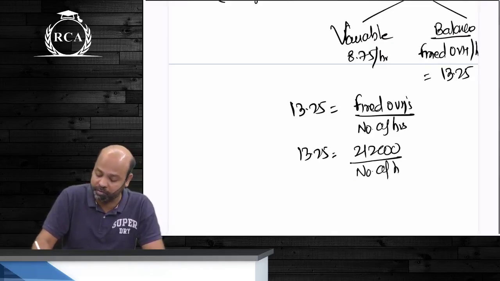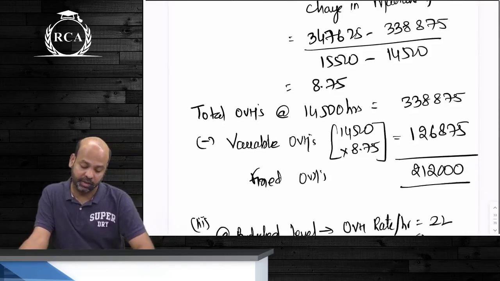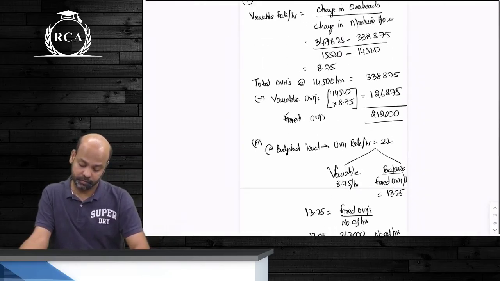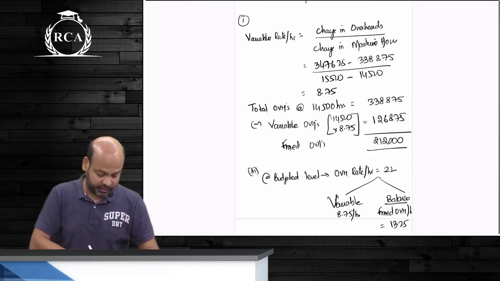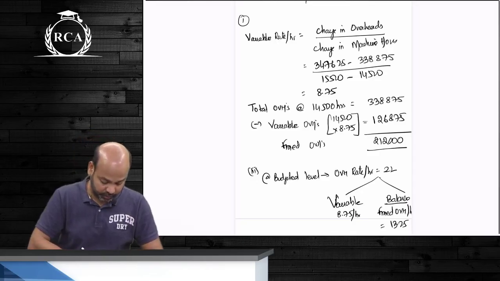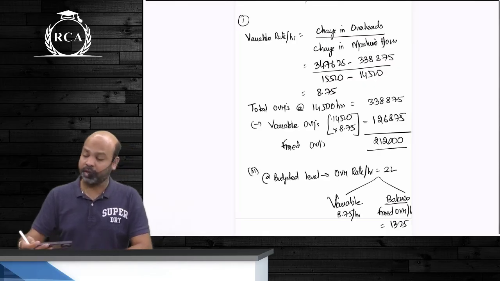You will get number of hours as how much? This is the budgeted activity level guys. At the budgeted activity level, your fixed cost per hour is 16 rupees. Are we all clear about this? Yes or no, beta?